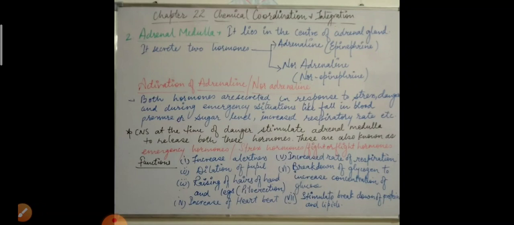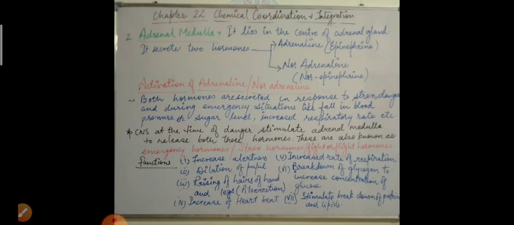As we have already studied in the 10th standard, these hormones are called stress hormones or emergency hormones. They are secreted when we are tense, when we are in danger. Due to their secretion, these hormones act on our body parts like heart and lungs. Breathing rate increases, heartbeat increases, body temperature increases, metabolic activities increase, breakdown of carbohydrate increases.